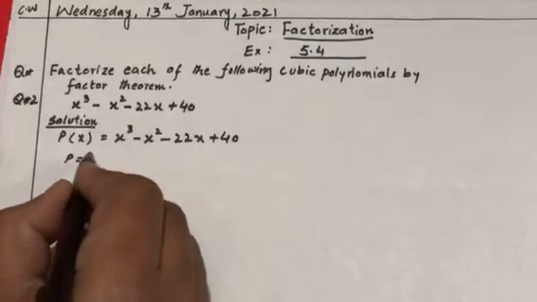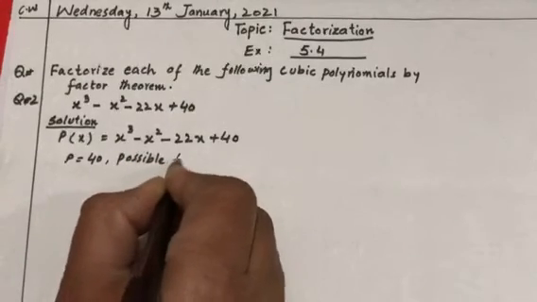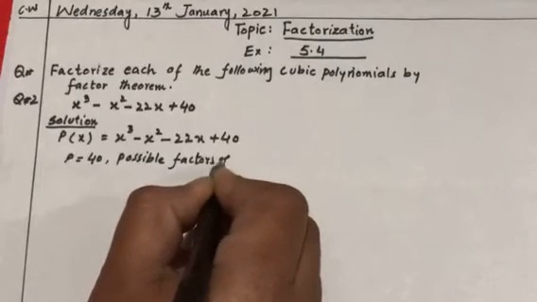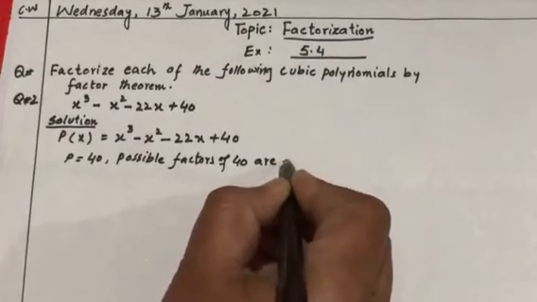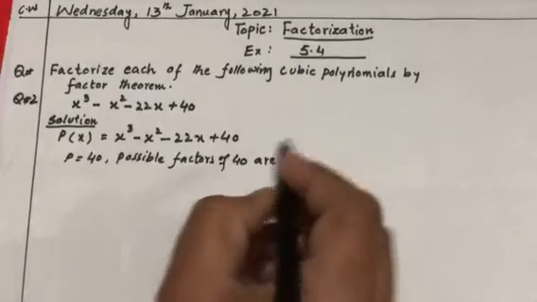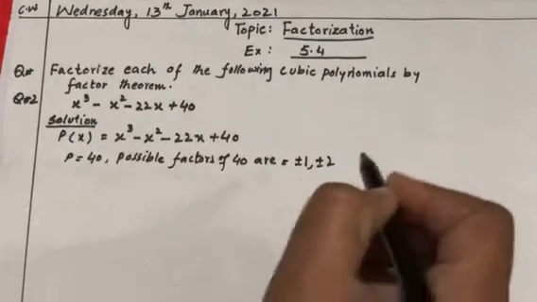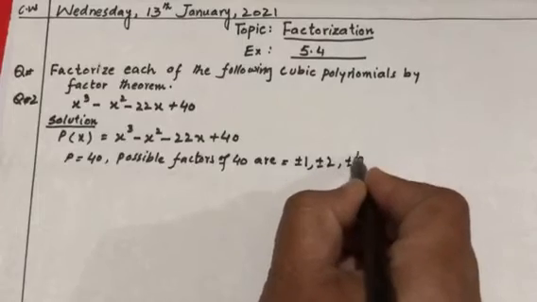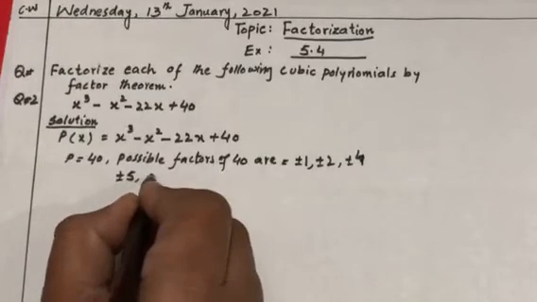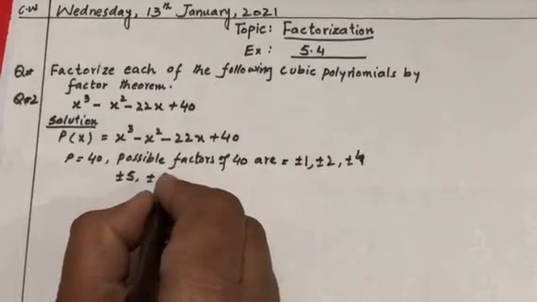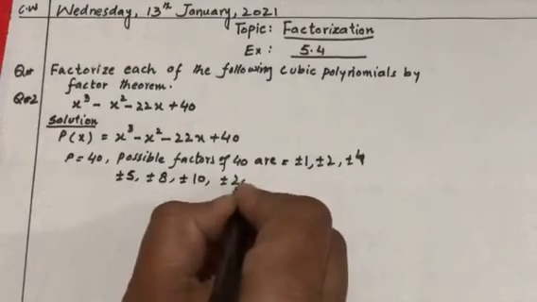So the possible factors of 40 are plus minus 1, plus minus 2, plus minus 4, plus minus 5, plus minus 8, plus minus 10 and plus minus 20.